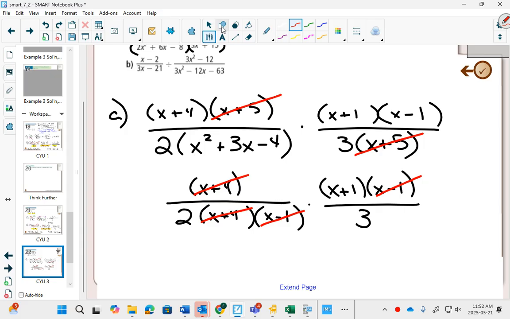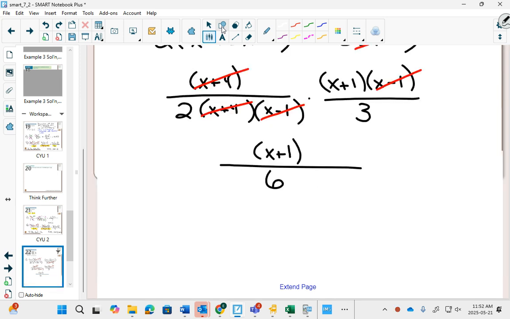And what am I left with? My final answer, in the top of my fraction, looks like I only have the one factor, x plus 1 left. In the bottom, numbers, I've got a 2 and a 3. Those together will be 6. And I have no binomials, no variables left. So I just get x plus 1 divided by 6.